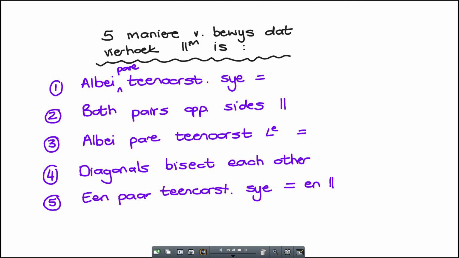Die hoeklyne halveer mekaar. And then we usually use midpoint. En by nummer 5, een paar teenoorstaande sye moet gelyk en parallel wees. If you only want to work with one pair of opposite sides, then you've got to show me that that one pair is parallel and they're equal.